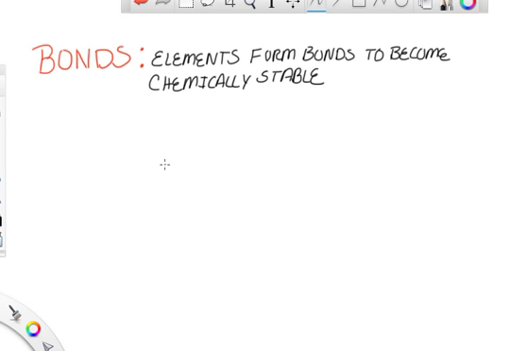Remember, when you've got bonding going on, an element wants in its outermost shell 8 or 0 valence electrons. And so it's striving, if it's close to 8, it's going to try and find 8. If it's close to 0, it's going to be eager to give up 1.